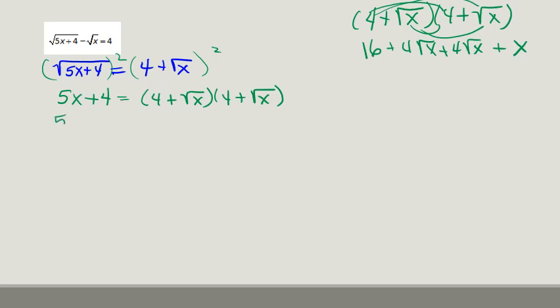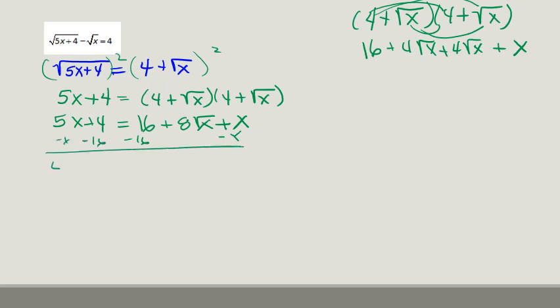So when I simplify that, I'm going to get 16 plus 8 root x plus x. So I still haven't gotten rid of all the square roots, so I'm going to bring everything to one side. And I'm going to subtract 16 and subtract x from both sides. So I'm going to get 4x minus 12 equals 8 root x.